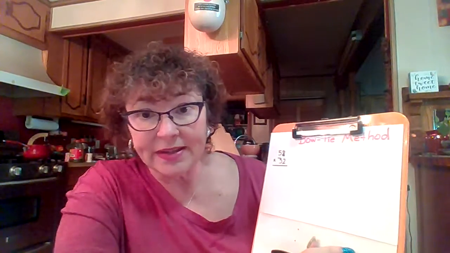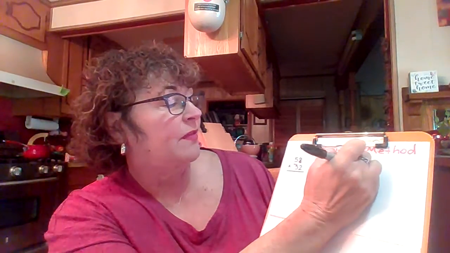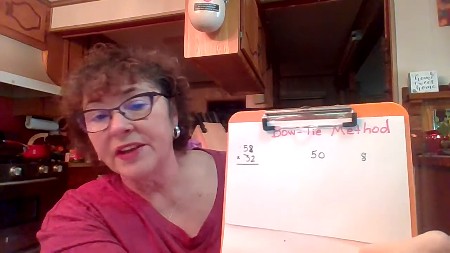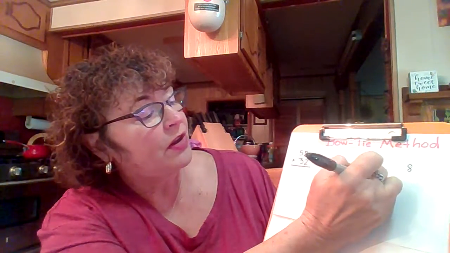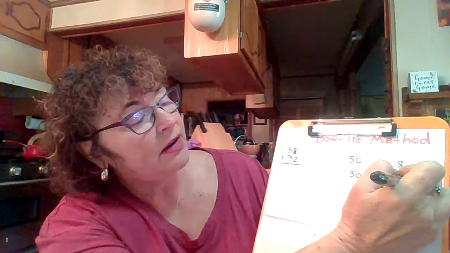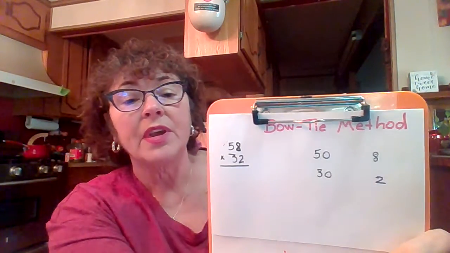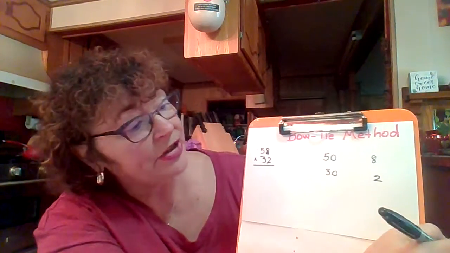So I'm going to write 50 and 8 right here, 58. Now I'm going to write 30 and 2. Okay, so now we're going to go ahead and do some multiplication.